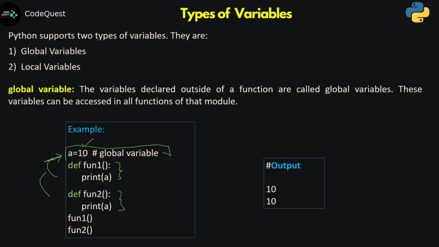Because it is a global variable, I am able to access it inside this function fun1, and the same can be done inside another function, that is fun2 also. So while I call the fun1 function, I am able to print the current value of a, that is nothing but 10. Similarly, when I am calling fun2, then also I am able to access the same value of a, that is 10, and I get the result as 10.